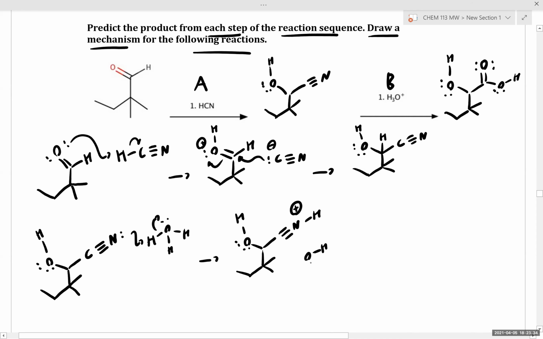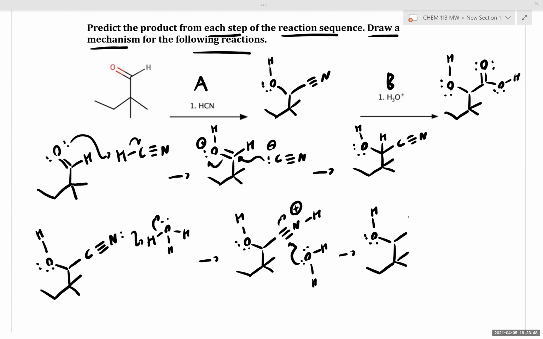From here, water can attack. And we now have this intermediate that begins to remind me a little bit of almost like a hemiacetal in a way. Not quite, but you can get the fact that they look somewhat similar.